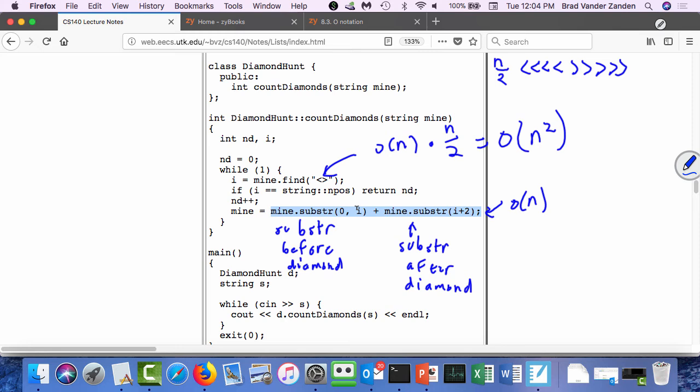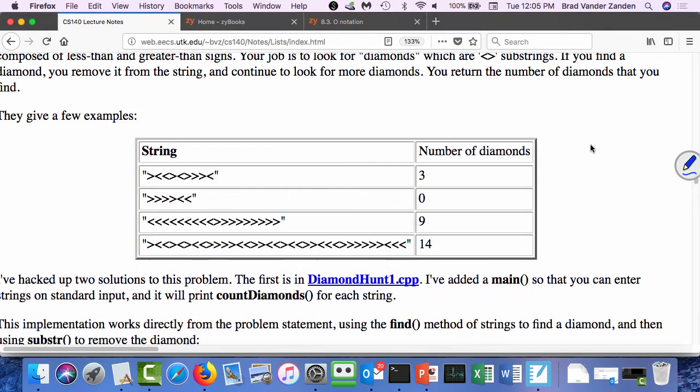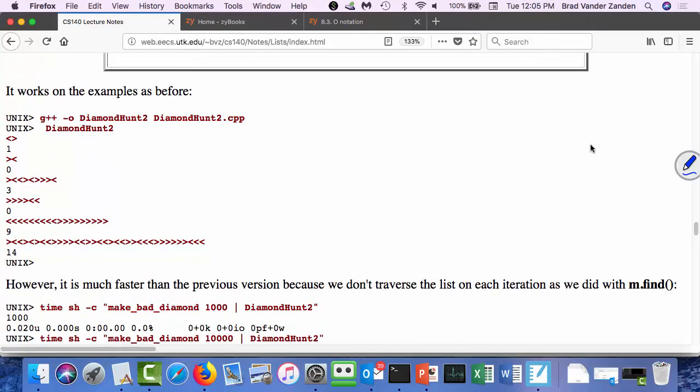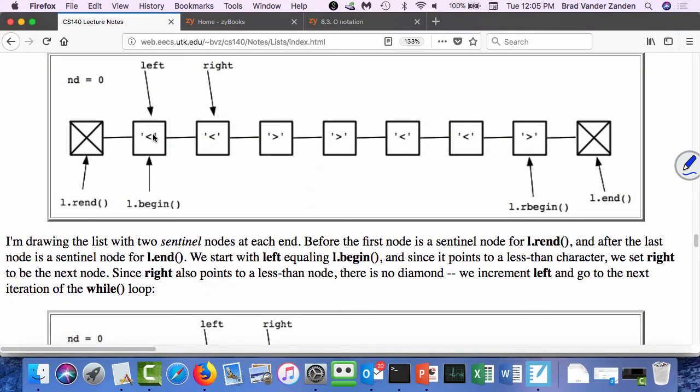So if you would sit down and analyze the running times of each of the two algorithms, the one I presented you last time with a list where you would just delete 2 list elements, that was only order n. And the reason it was only order n is because the find with the list took constant time. Okay, if you were right here at a list, then you were right where you needed to start looking for the next diamond.